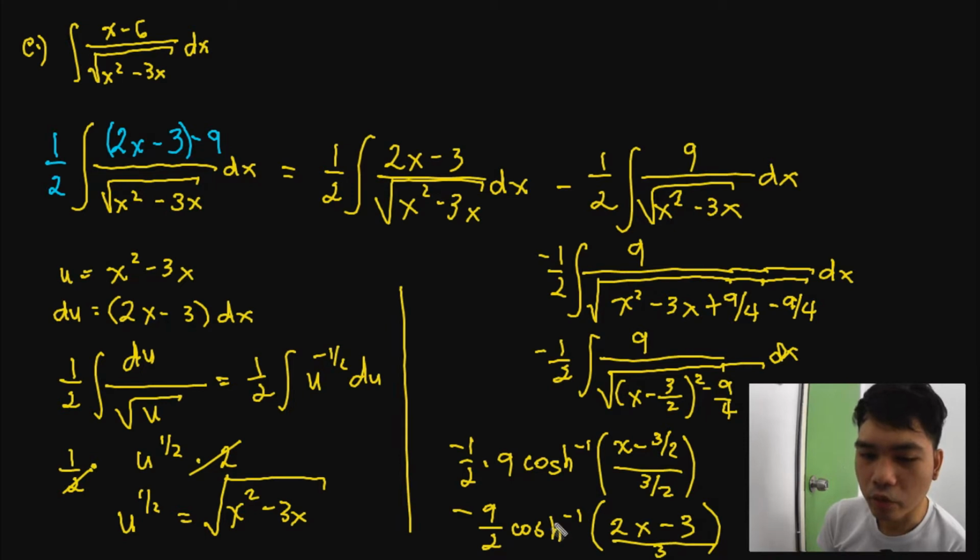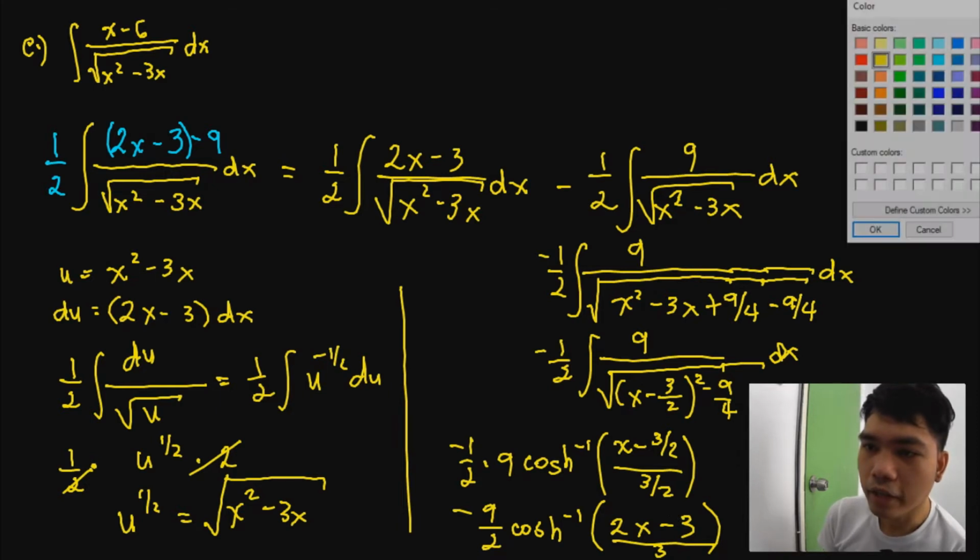Alam naman natin na yung derivative dito is 1 over the square root of x squared minus 1. So basically, ito lang yung kakalabasan mo, itong function na to, yung denominator, and then you just have to subtract 1 from this over minus 1, and then you multiply it with the derivative of this expression, which is times 2.